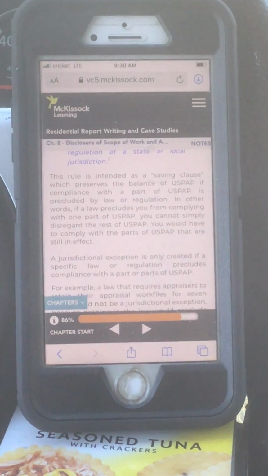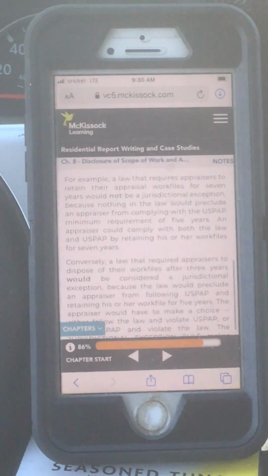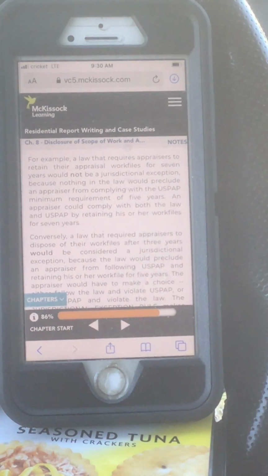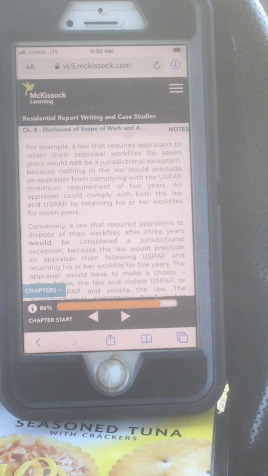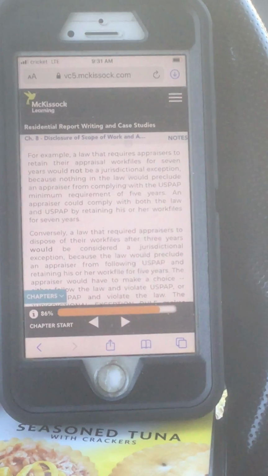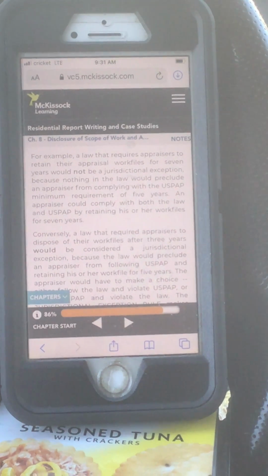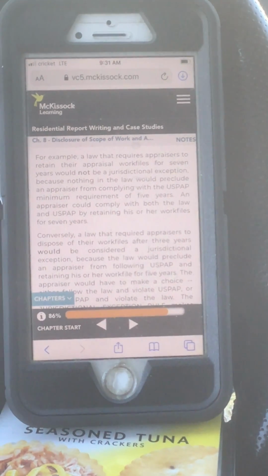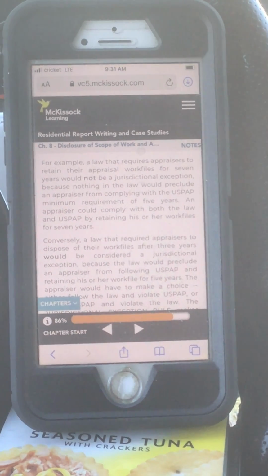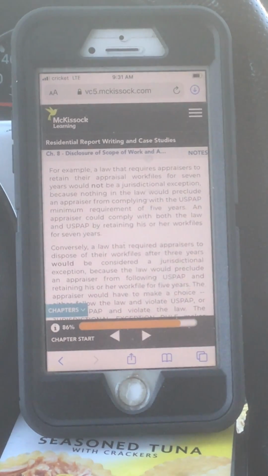For example, a law that requires appraisers to retain their appraisal work files for 7 years would not be a jurisdictional exemption because nothing in the law would preclude an appraiser from complying with the USPAP minimum requirement of 5 years. An appraiser could comply with both the law and USPAP by retaining his or her work files for 7 years.